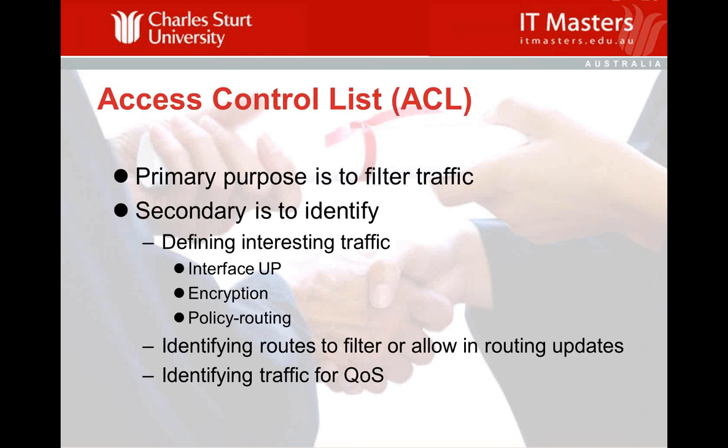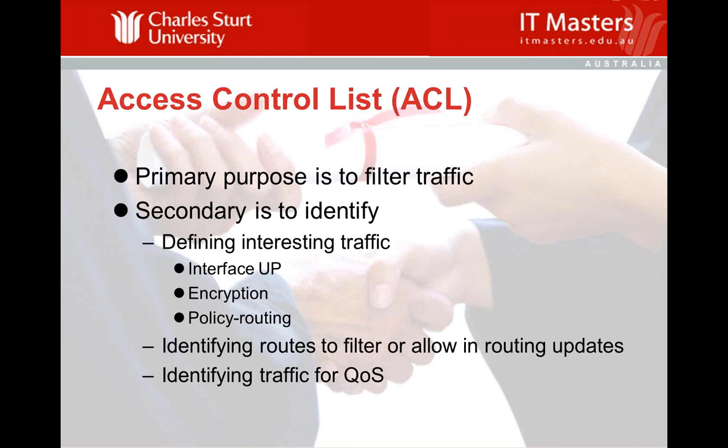And then lastly, identify traffic for your quality of service policies. QoS isn't a big concern on the CCNA exam, but just to break it down, generally you'll have multiple classes of traffic. You may have voice, video, some other business critical traffic, and then your bulk stuff like FTP, web and mail access.